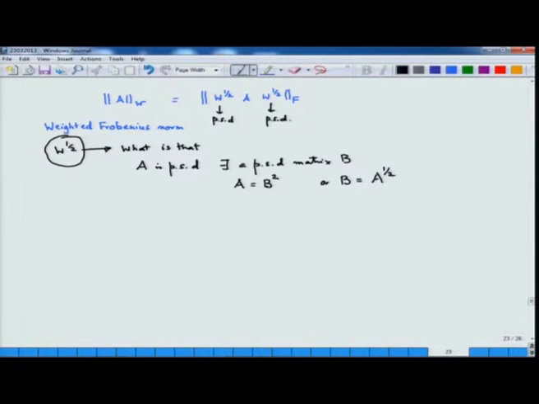Now, usually W is so chosen that if you look at this matrix B minus Bk, we want the weighted thing, so it should be W to the power minus half.